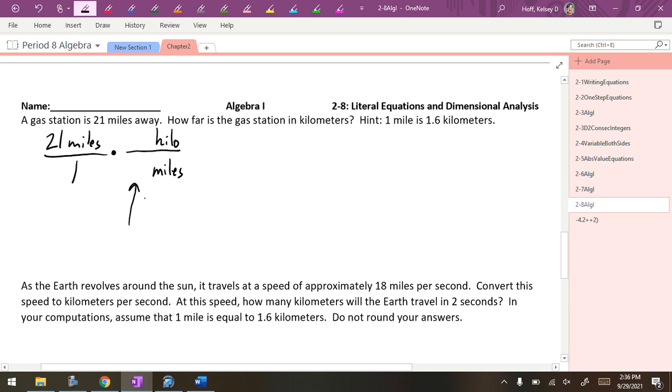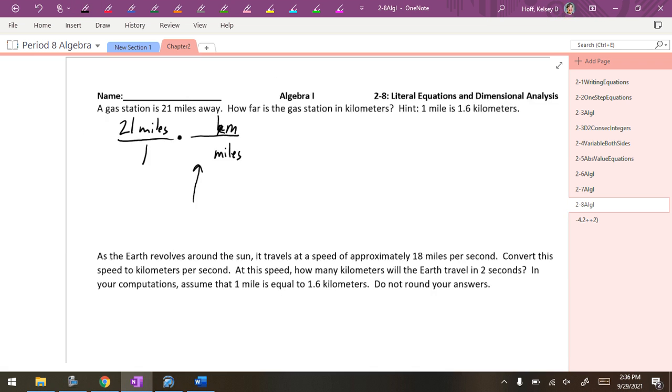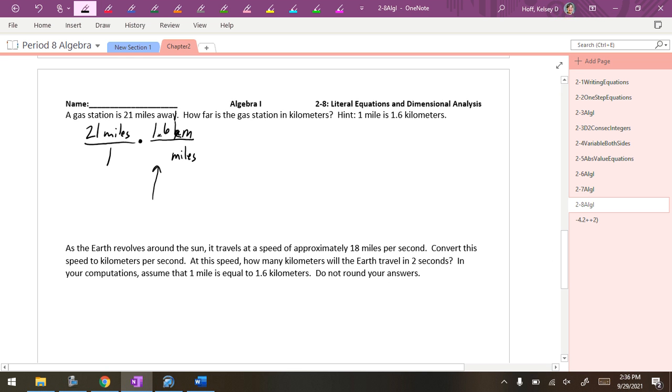What is my connection between miles and kilometers? 1.6 over, how'd you know that? Perfect. I was just making sure you could read. It says that. Miles cancels miles.